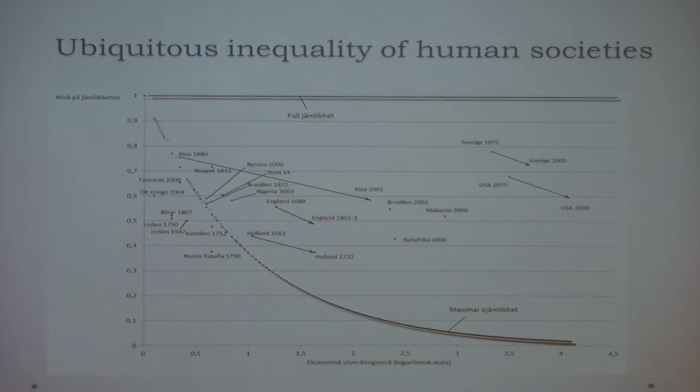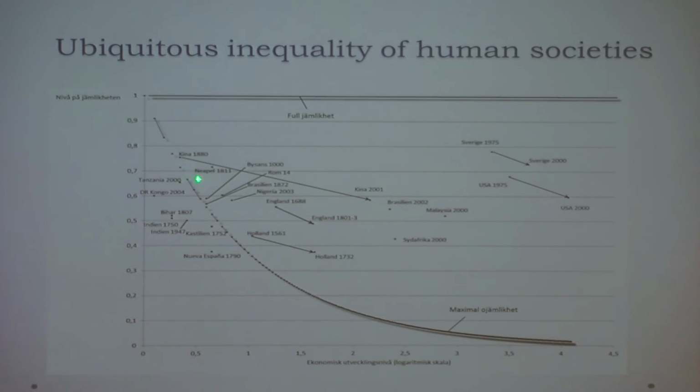So the basic restriction that we must keep everybody alive implies that societies which are poor have to be egalitarian for mathematical reasons. And the richer a society becomes, the more room there is for political decision-making concerning the distribution of surplus. Okay?